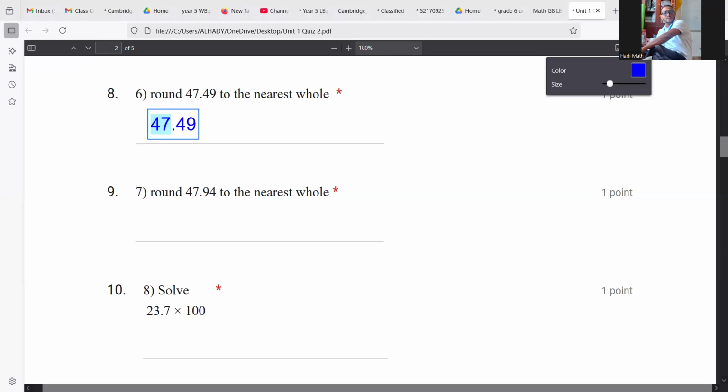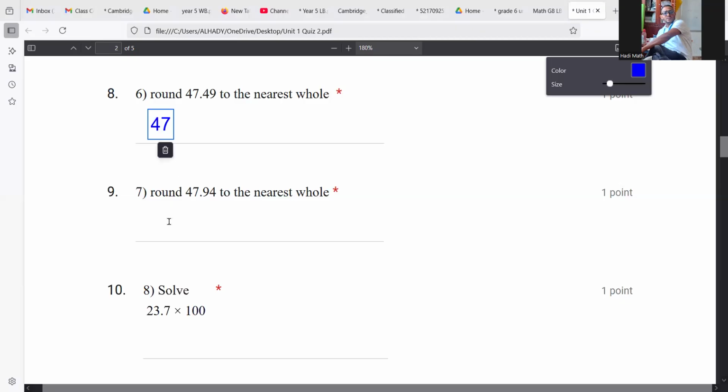You look at the first digit to the right of the decimal point, which is 4. 4 is less than 5, so you just drop the decimal part. If you have 5 or more, you add 1 to the whole number. If you have less than 5, you drop it and don't do anything.